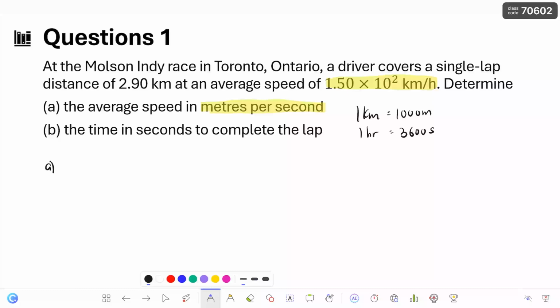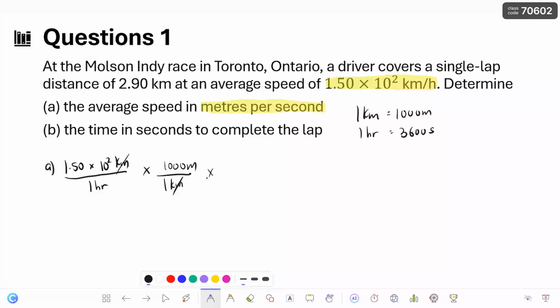And then we write the question here: 1.5 times 10 to the power of 2 km per 1 hour. Since we need to eliminate the km at the numerator, the conversion rate for km should be at the denominator. Then we cancel out km.